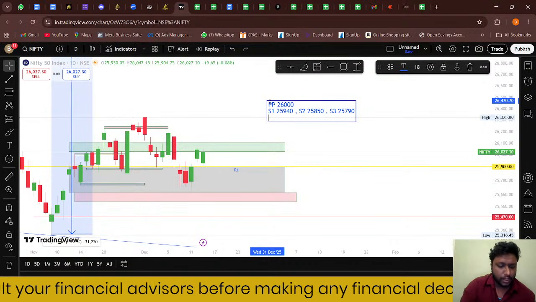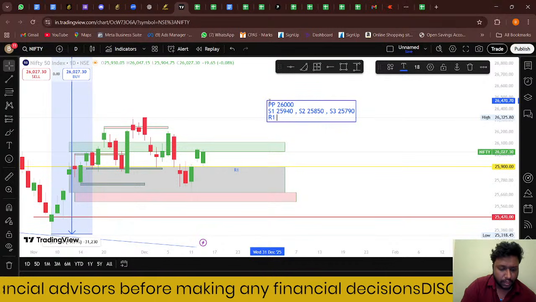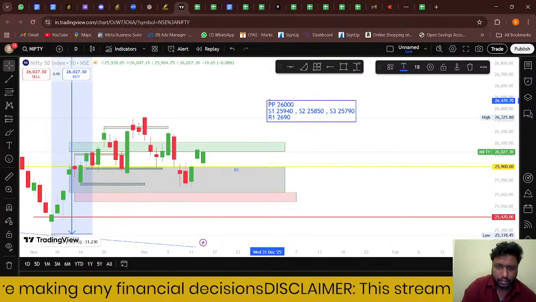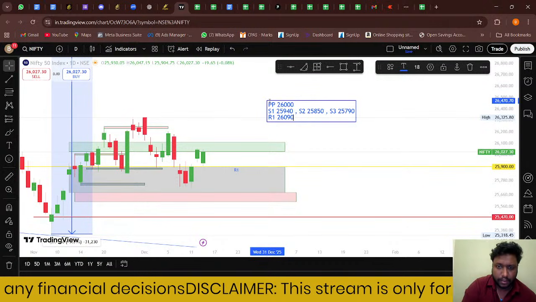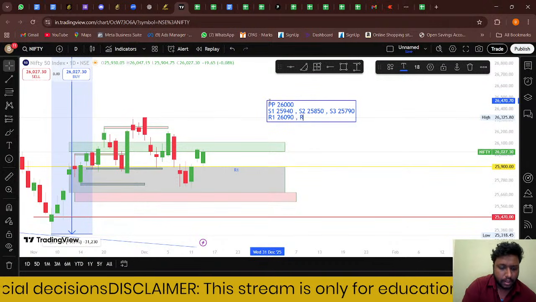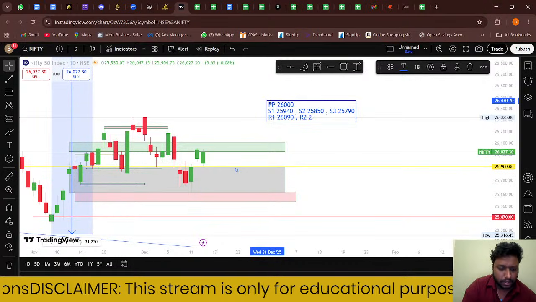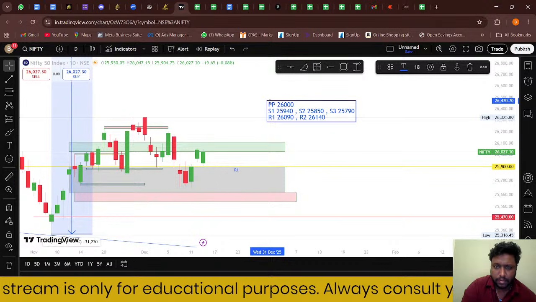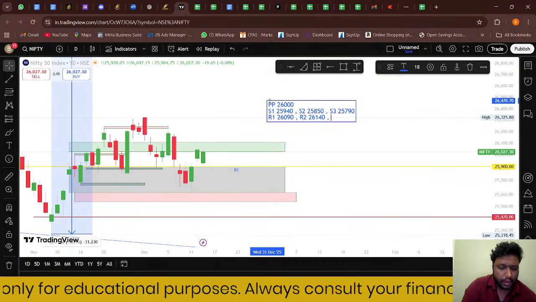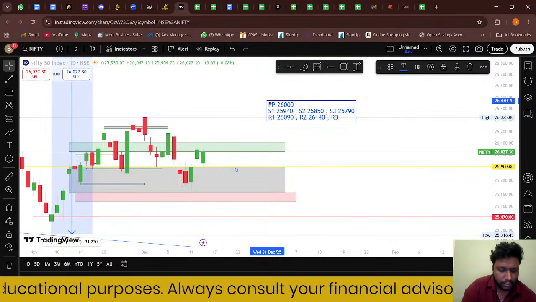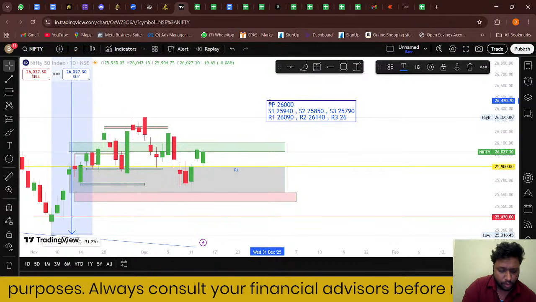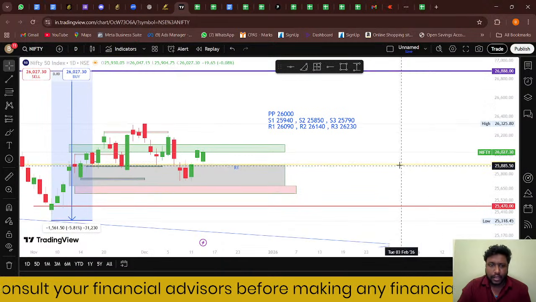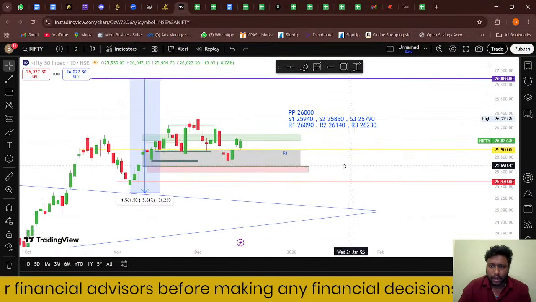With respect to the resistance part, resistance 1 lies at 26,089, so we will mark it as 26,090. R2 is at 26,135, we will mark it as 140. And R3 lies at 26,230. So these are the levels with respect to Nifty for the day, and we will quickly mark the zones out.